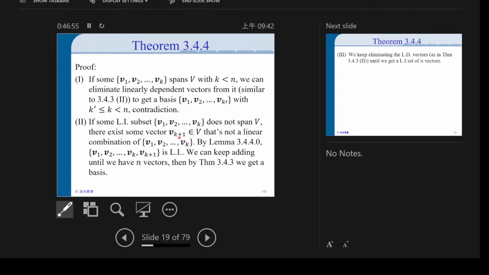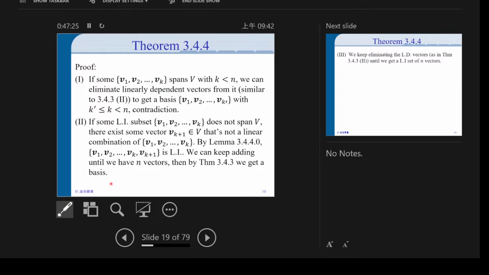And then by our lemma, we know that the new set of vectors is still linearly independent. And so we can keep doing this until we have n vectors, and we know that by our theorem 3.4.3, if we have n vectors and they are linearly independent, then we must have a basis.